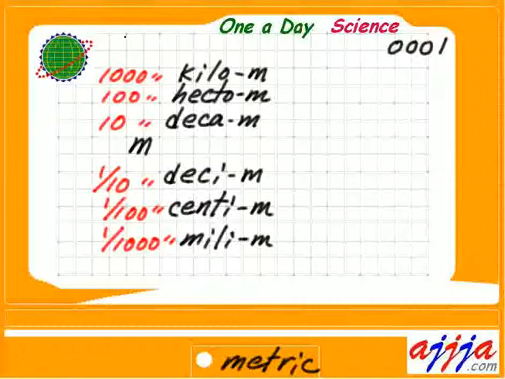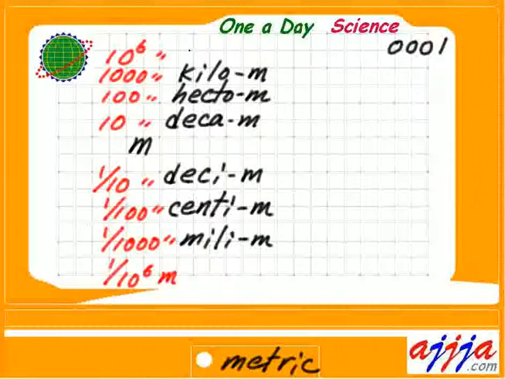What about one more on the top there? What about 6 zeros instead of 3? Now we have 10 to the 6th power meters, which is 1 million. Or what about divided by 1 million, which is 1 over 10 to the 6th power of a meter.